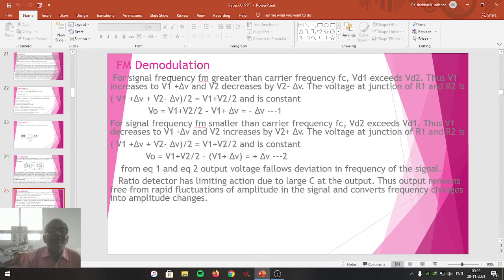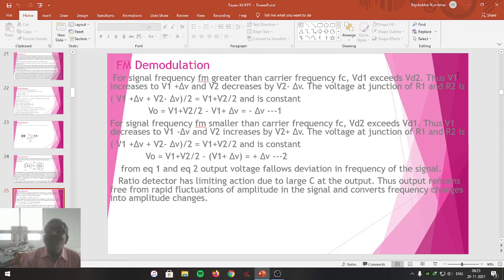But when the signal frequency Fm becomes greater than the carrier frequency Fc, meaning Fin is greater than Fc, then the voltage across diode D1, VD1, exceeds VD2.